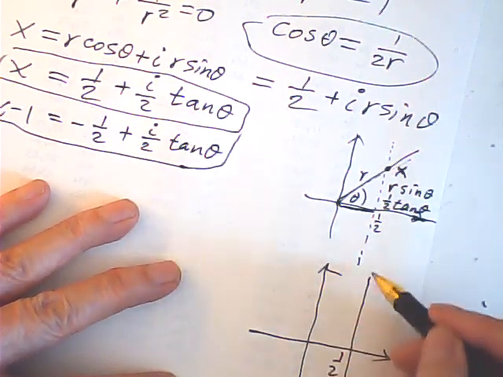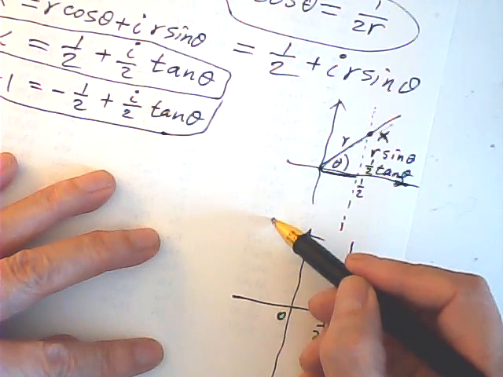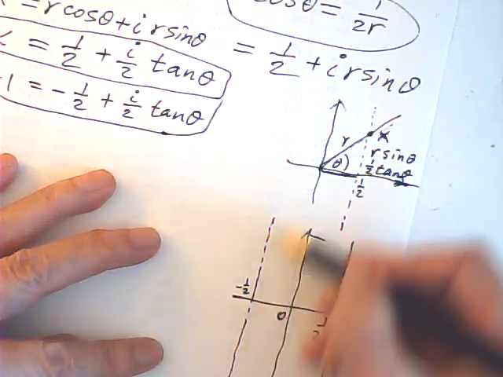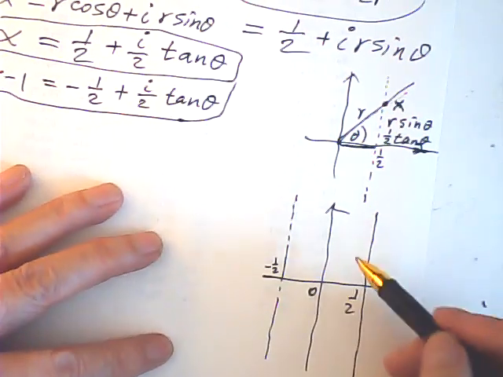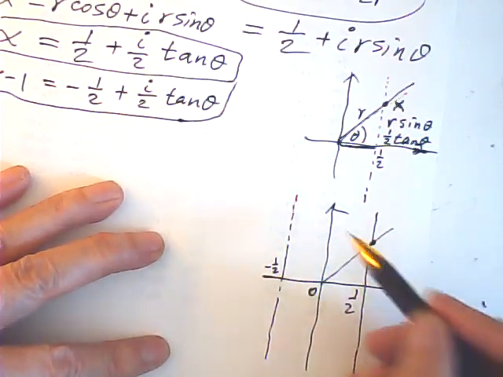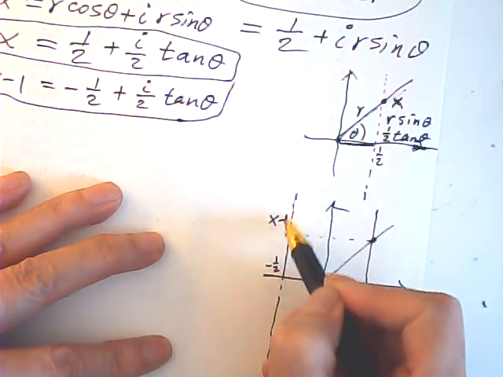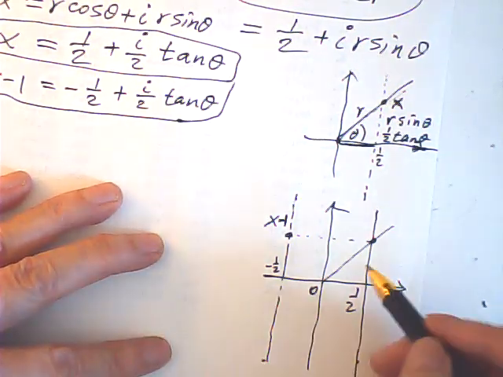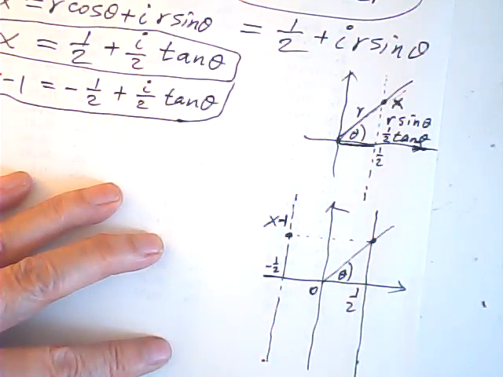This is 1/2, right? x is on this line, and x minus 1 is on this line. They have the same imaginary part. Therefore, if x is here, x minus 1 will be there. This is theta. It's very interesting.